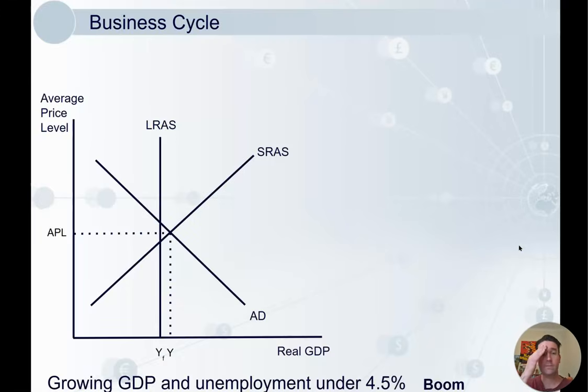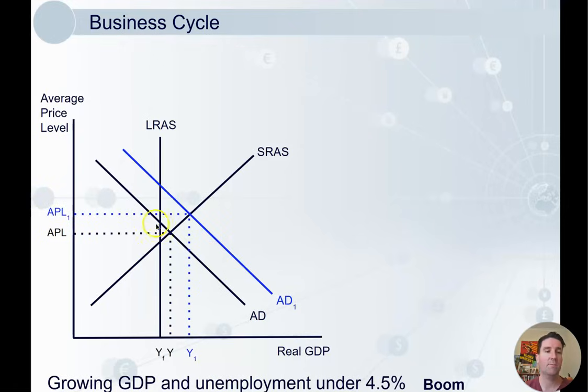So this is what the boom is going to look like on our ADAS model, right? We're beyond full employment. This is where our economy is. So it's a boom. We keep on growing. We've got what we would call a booming economy. We're in a boom. We've got growing GDP. We can see real GDP is growing, and unemployment is less than 4.5% because we're well beyond the LRAS.